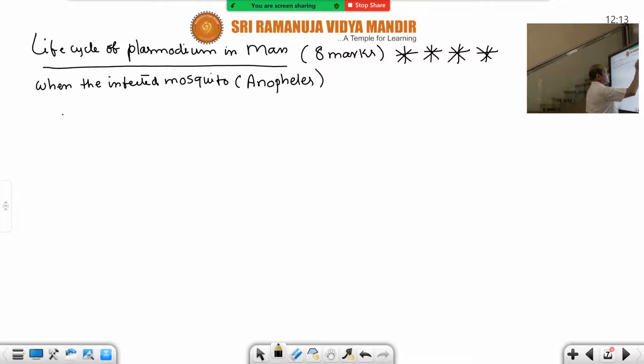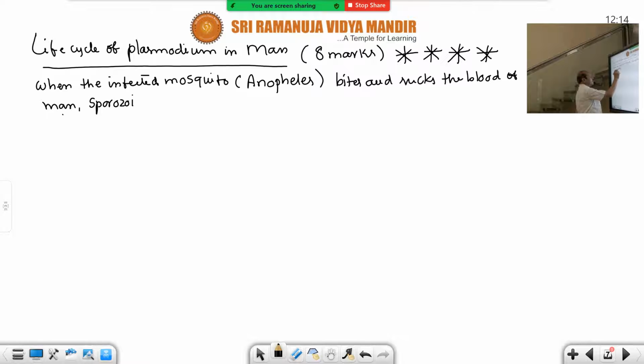When the infected Anopheles bites and sucks the blood of man, the infective stages, sporozoites, are injected into the blood circulation of humans. Sporozoites should be underlined. Even when writing essay answers of this type, all important terms should be underlined like this.